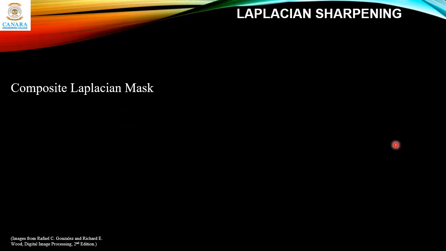As we saw in the previous lecture, adding the original image to the Laplacian filtered image or subtracting it creates a composite Laplacian mask, which basically gives better results. So what's happening here is, we have the original image P and we are subtracting the Laplacian filtered image.